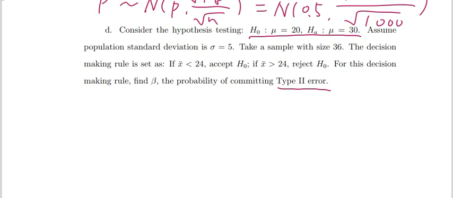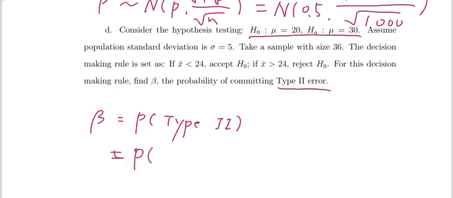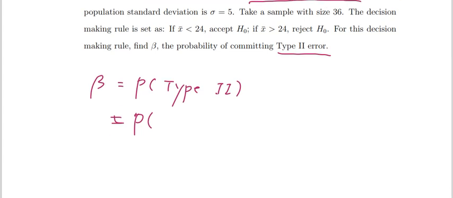So we say this beta is type 2. So what is type 2? Type 2 is we too easily believe other people, meaning that we accept H0 when H0 is not true.